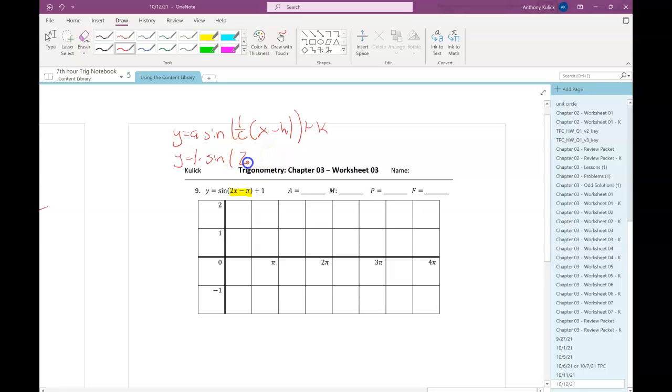So I factor out that 2, and when I factor a 2 out of the pi, that becomes pi over 2. Is that okay? Yes. So when you're factoring the things out, you're dividing, right? Yeah.